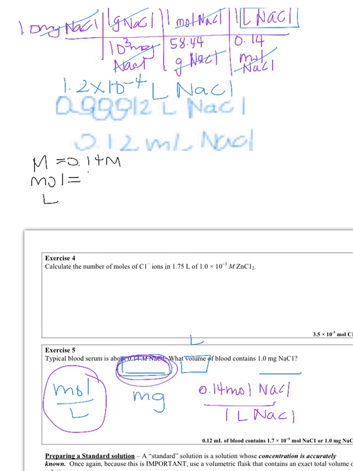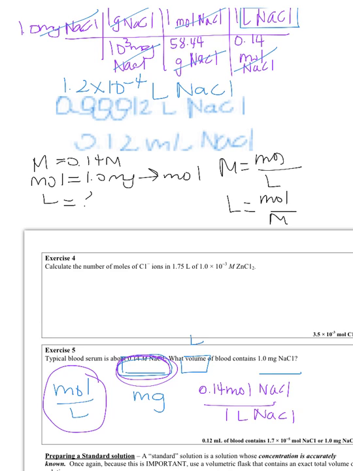So you would convert your milligram to moles, and you would solve for liters by rearranging this formula here. To solve for liters, liters is equal to moles divided by concentration. Plug in your numbers and you should get the very same answer, 0.00012 liters or 0.12 milliliters of sodium chloride.